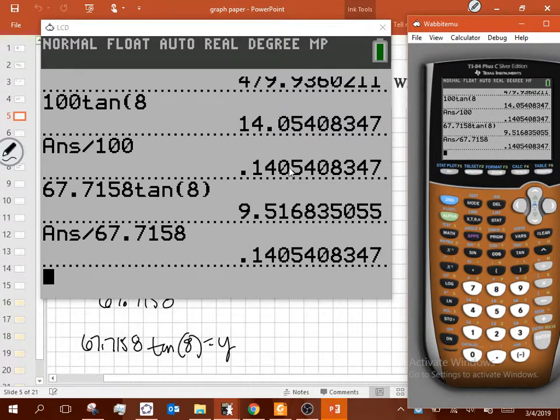I get the same exact 14.05408.347 I got when I used 100, right? So it shows you that it doesn't matter what you use as your run. When you use tangent of 8, coupled with that, your rise will always be scaled the same way, so that your slope then will always be the same. Does that make sense? Okay.